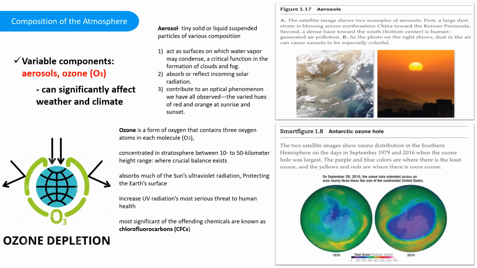Well, not just because of the chlorofluorocarbons, but this is the chemical that is known to be the most significant in offending the ozone layer. And because of that, the Montreal Protocol was developed in 1987 to eliminate the production and use of these chlorofluorocarbons.